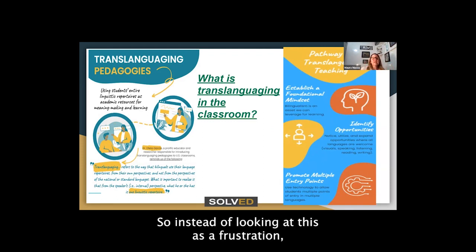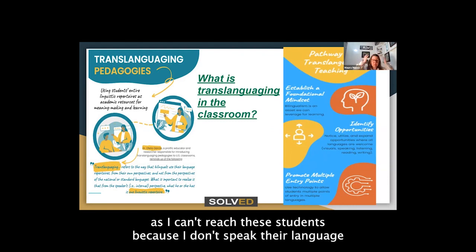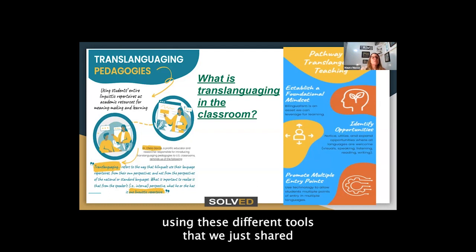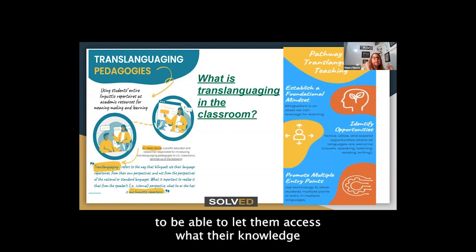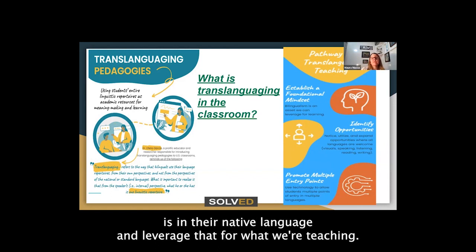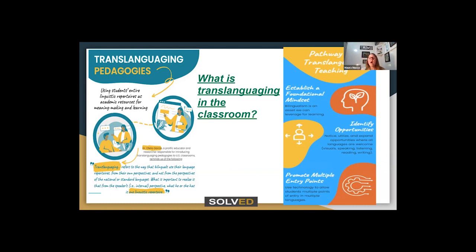So instead of looking at this as a frustration, as in I can't reach these students because I don't speak their language, we use these different tools that we just shared, and more, to let them access what their knowledge is in their native language and leverage that for what we're teaching.